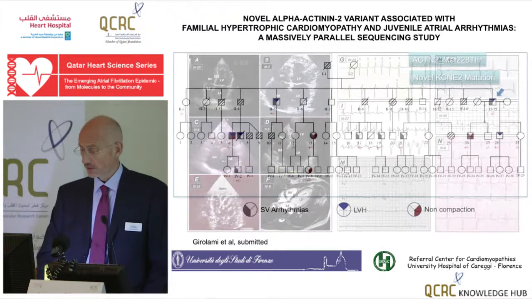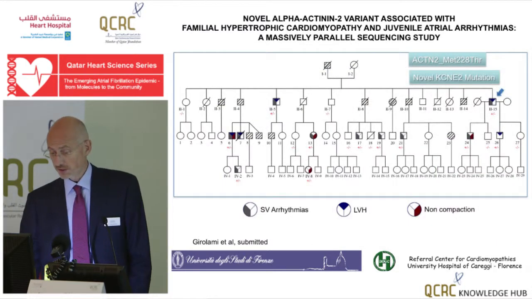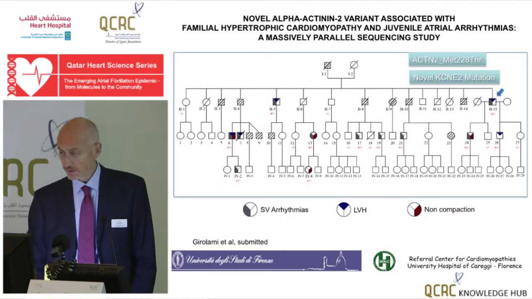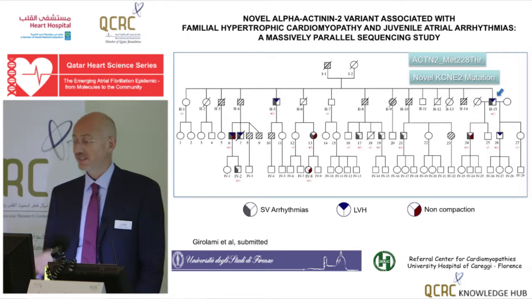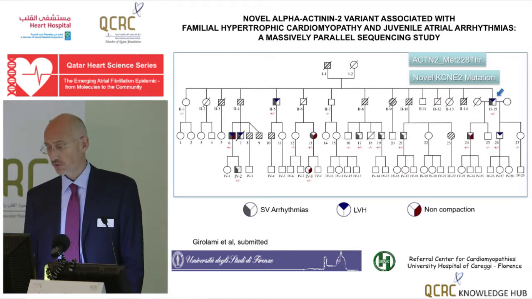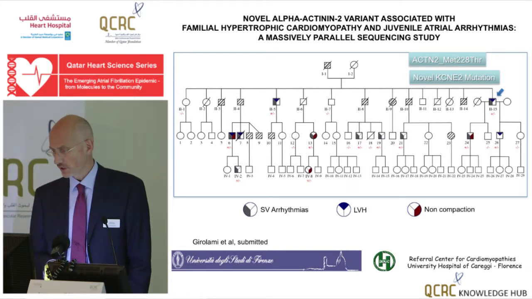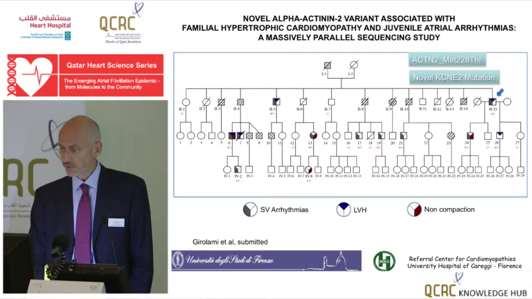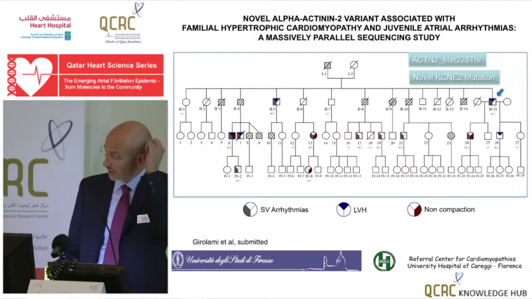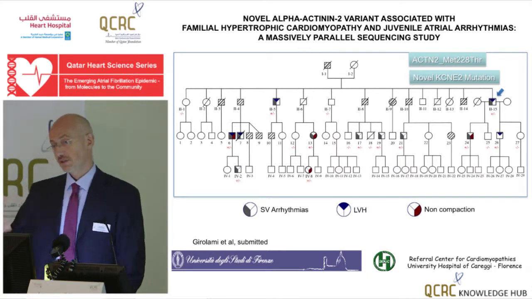This is the pedigree, as you see, the different manifestations of the disease. And we did find an actinin 2 gene mutation, which is novel and is consistent with other pedigrees showing the same gene as a culprit. However, with next generation sequencing, we are beginning to see more. We have also found a novel mutation in a potassium channel gene. We are seeing this increasingly.